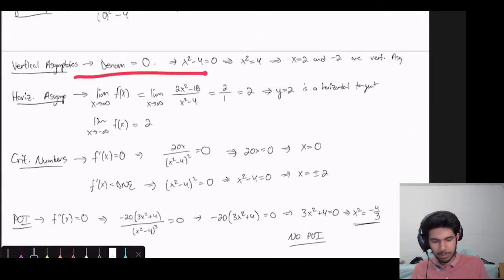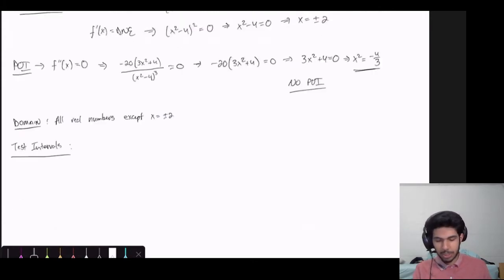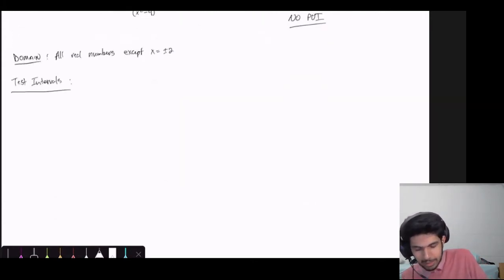So that would be where we want to break up our domain. We're only looking at the domain. We don't really care about the horizontal asymptote because we're breaking it up along x values, and that's a y value. But then there's also the critical value of 0. So we're going to break up our domain into these chunks.